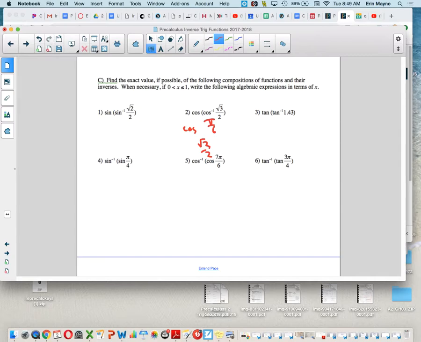Look at the inverse cosine of the cosine of 7 pi over 6. Where do we start? Inside. What is the cosine of 7 pi over 6? Negative root 3 over 2. What is the inverse cosine of negative root 3 over 2?